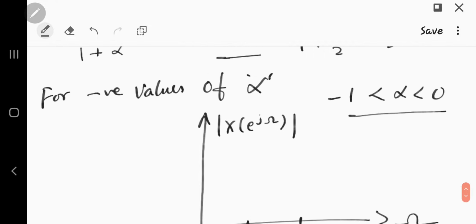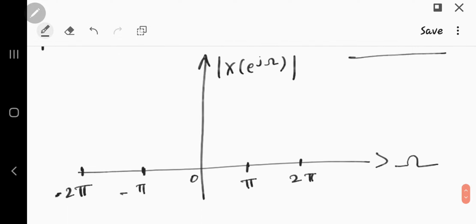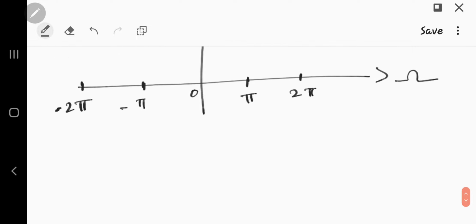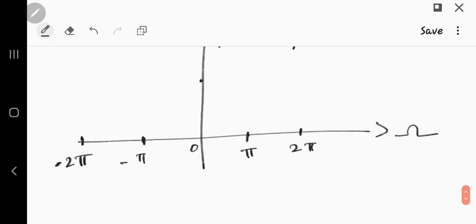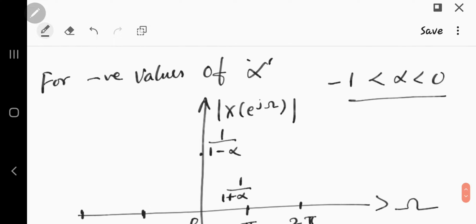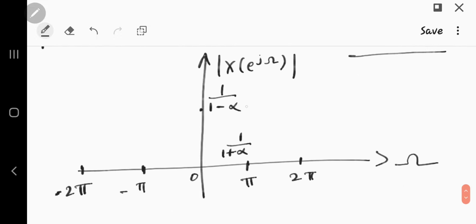I am not going to calculate the amplitude values because they will be the same, but one thing is alpha should take a negative value. So at this point you will get 1 divided by 1 minus alpha, and here it is 1 divided by 1 plus alpha. This is the previous instance. Now if alpha is negative, this becomes 1 divided by 1 plus alpha, and this becomes 1 divided by 1 minus alpha. Okay, so this is the major change here.